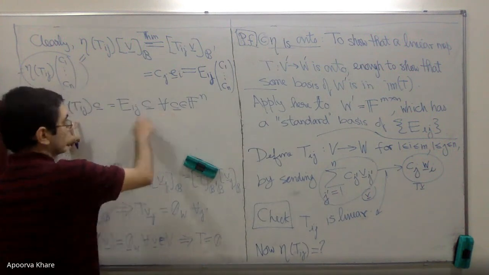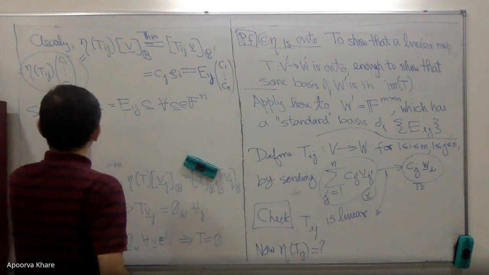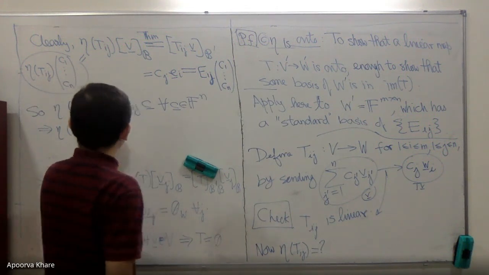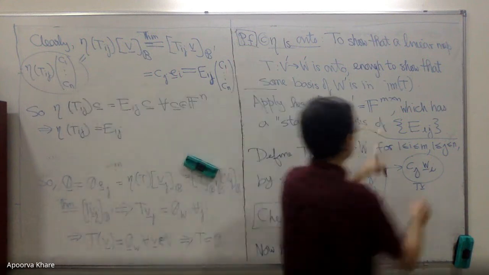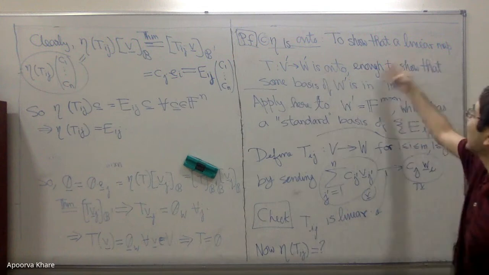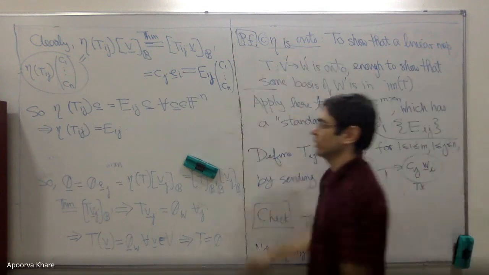This happens for all vectors if and only if the matrices are equal, and in many cases this matrix was supposed to be unique. So indeed this is equal. Therefore, the Eij's belong to the image of eta. Therefore, their span, which is the entire space, belongs to the image of eta, and therefore eta is onto.